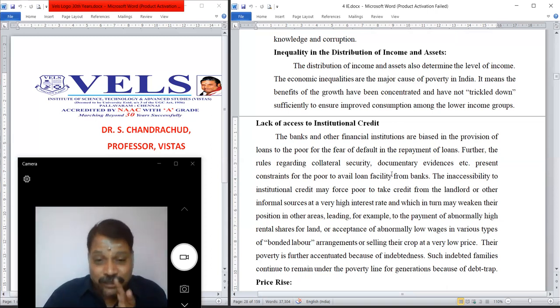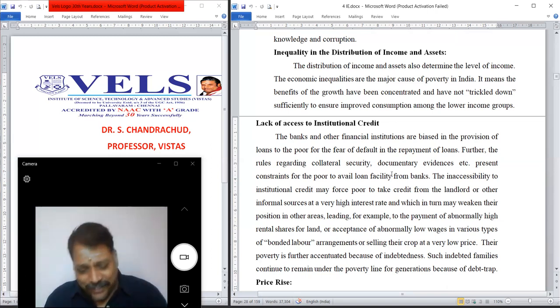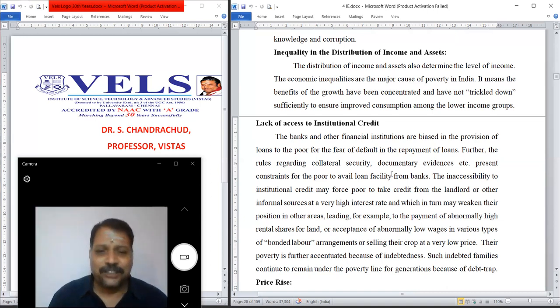That bonded labor concept arises because they don't want to give more wage to the working people, and they are paying very little rent for the land. Because of this, the poor become poorer. Even if they reap the production, they are not able to sell, and the price is very low, which does not compensate the amount spent on production.